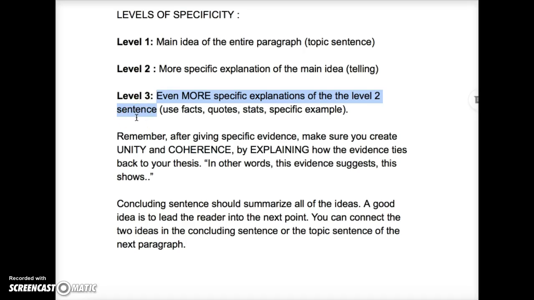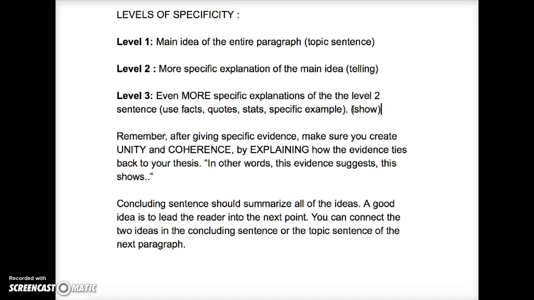And usually we're illustrating this using facts, quotes, statistics, and specific examples. So this level 3 sentence, I like to say that we're showing the evidence.